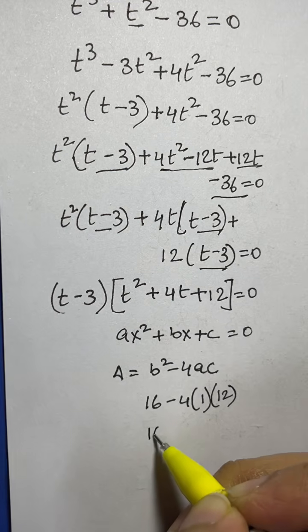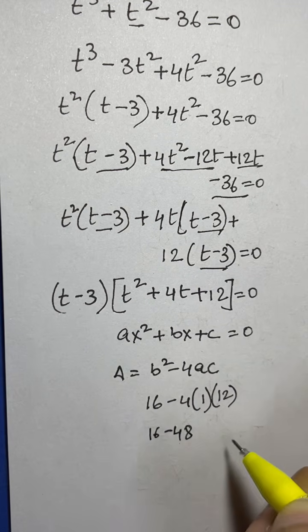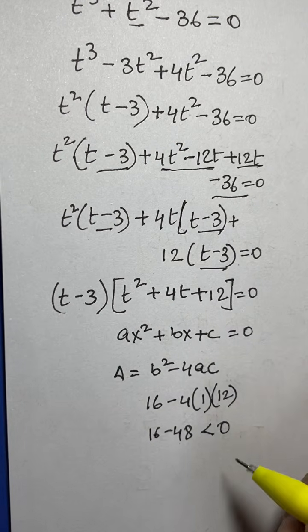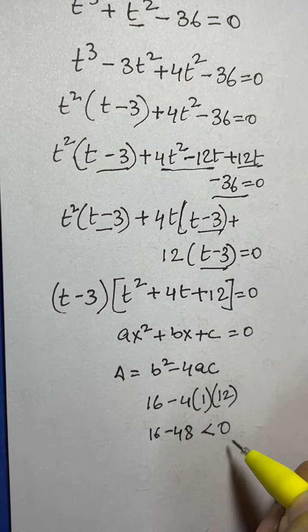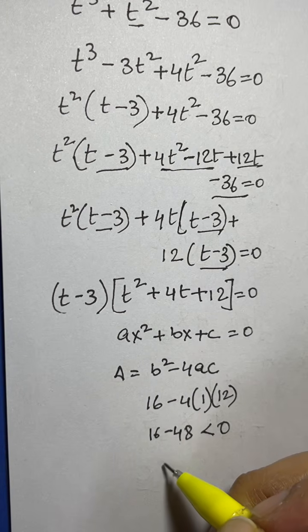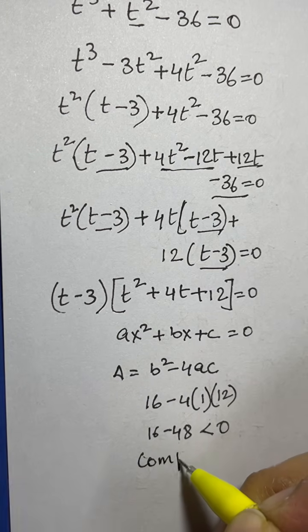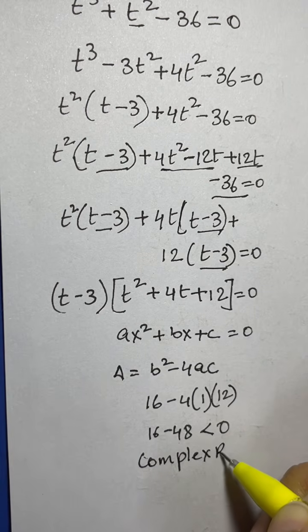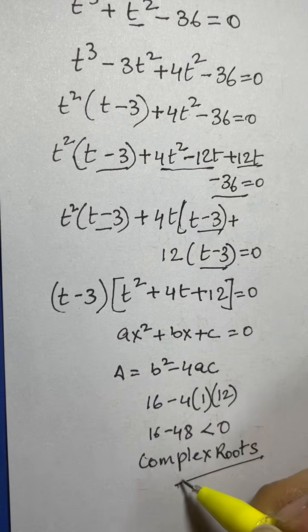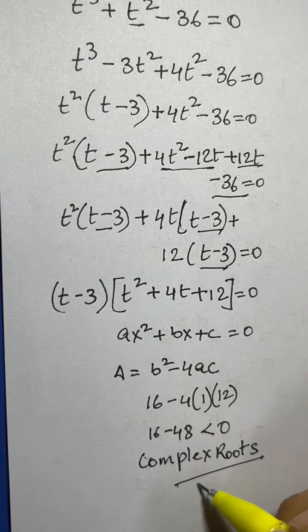So you have 16 minus 48, which is less than 0. If the discriminant is less than 0, you have imaginary solutions. You have complex roots. So we are going to go for the real roots.